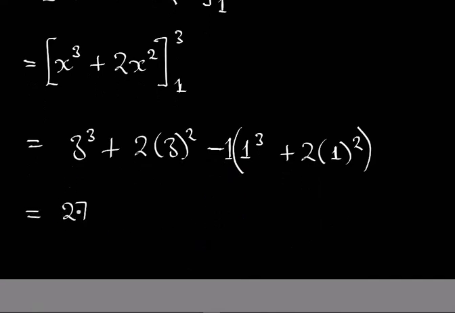Working this out, the 27 there, 3 times 3, 9, 9 times 2, 18, then minus. You can work with what's in the brackets. This is 1 and that's 2, so we're going to have minus 3. And then you calculate this. 18 minus 3, however you do it, you're going to get 18 minus 3, which is 15. 27 plus 15 is going to be 42.